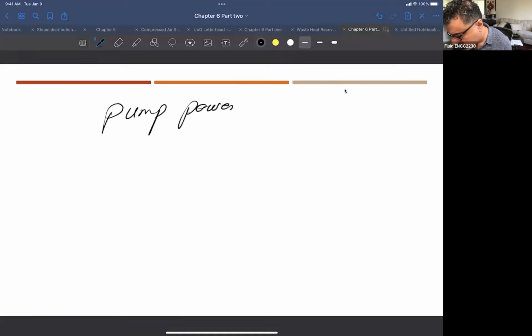I know H pump, right? If I multiply this by gamma, this will give me what? What is gamma H pump? If I multiply the head by gamma, what is that? Pressure, right?